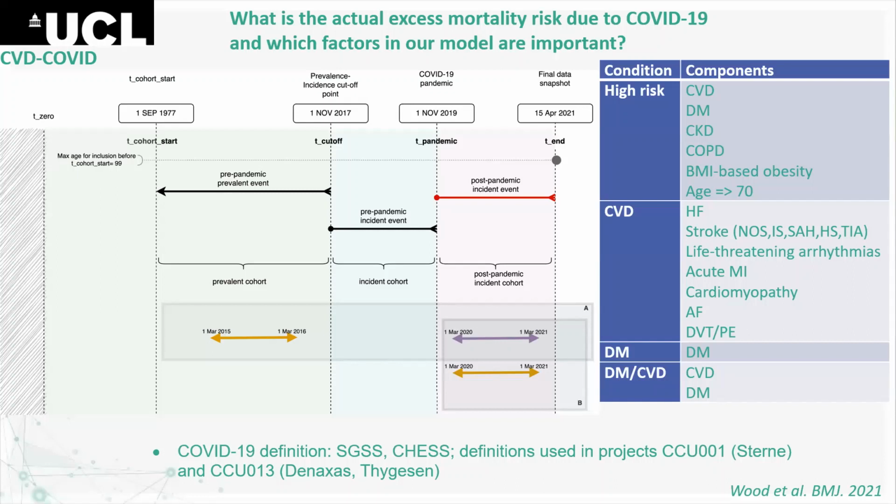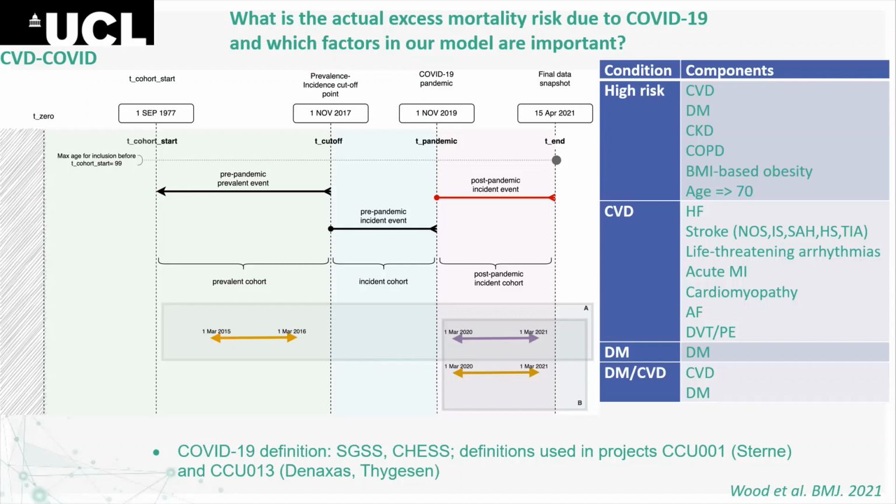So the underlying cohort is rather complicated. But if you look at the right, first of all, we stuck with high-risk conditions that we'd looked at in that Lancet paper. So cardiovascular disease, diabetes, chronic kidney disease, people with chronic lung disease, obesity, and age over 70.